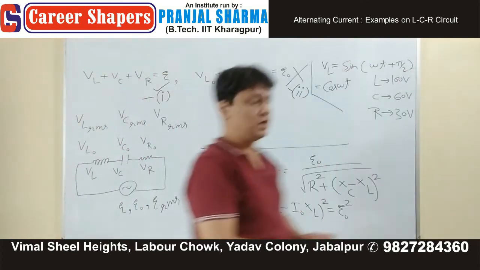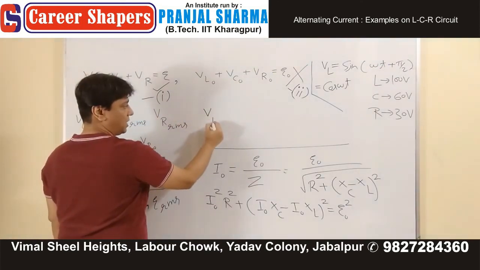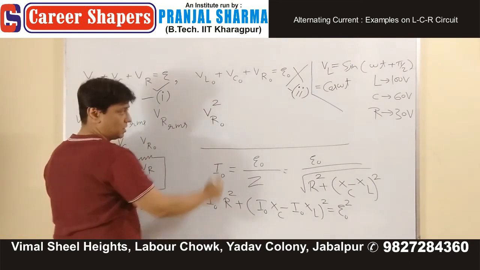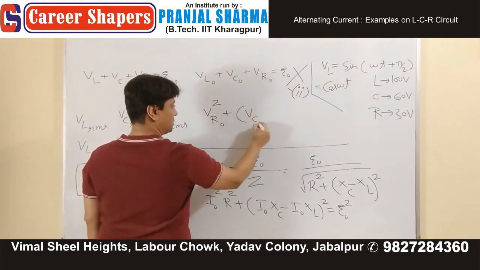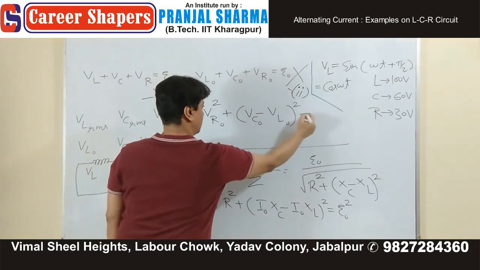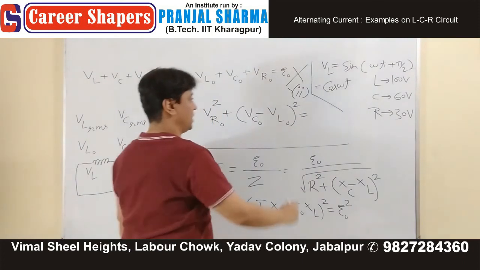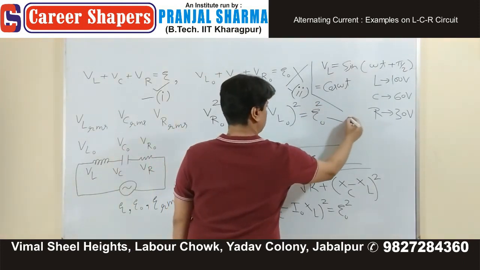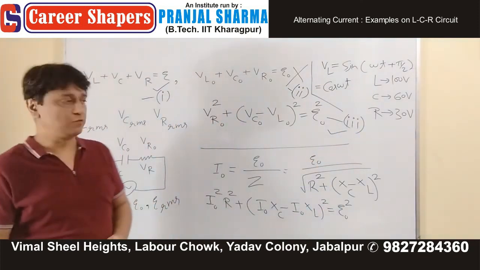For peak values, the correct thing is VR naught square plus VC naught minus VL naught whole square is equal to E naught square. This relation is the correct one for peak values.